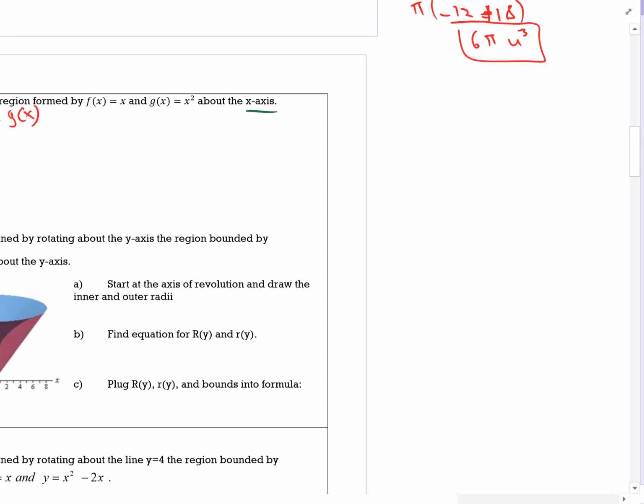That's my little r. Then we do the same thing, start drawing the line up, pass that first one, and the second thing I hit is going to be my big R, the outer radius, which in this case is f of x. This one was the inner radius. This one was the outer radius.